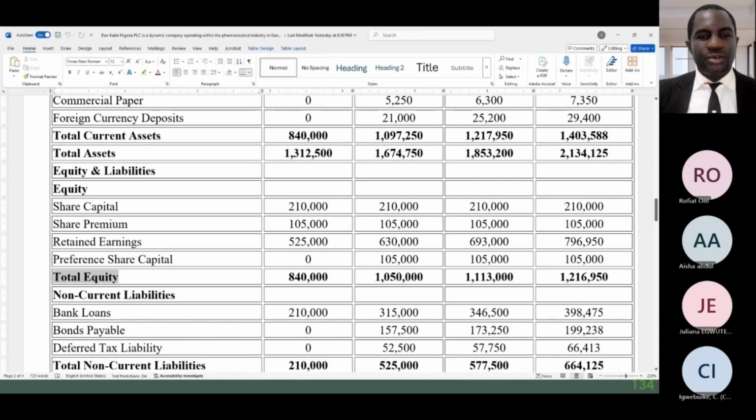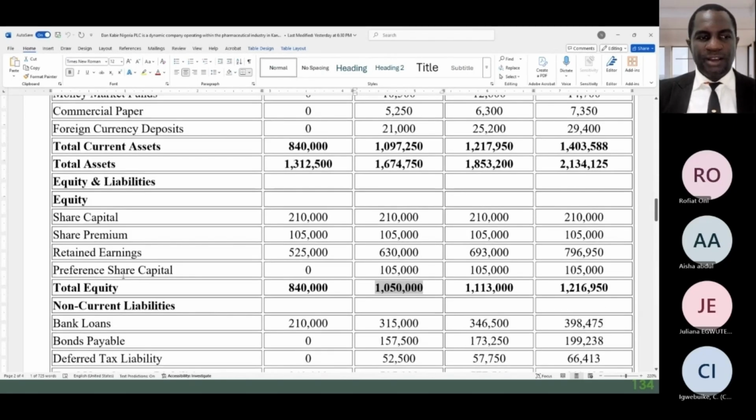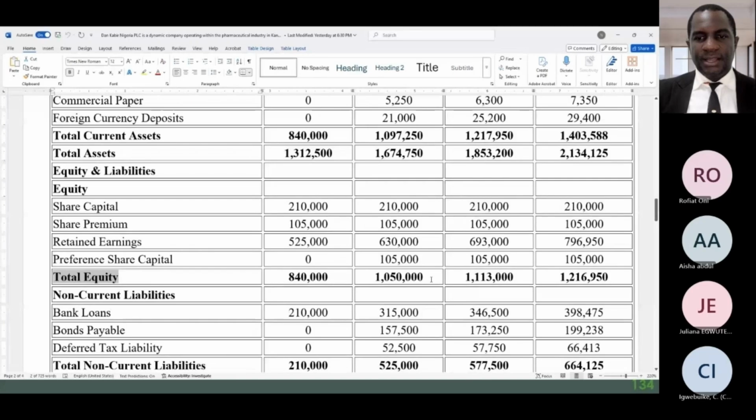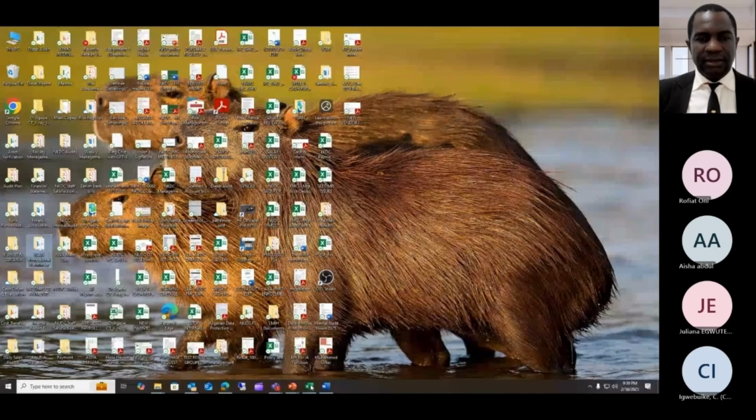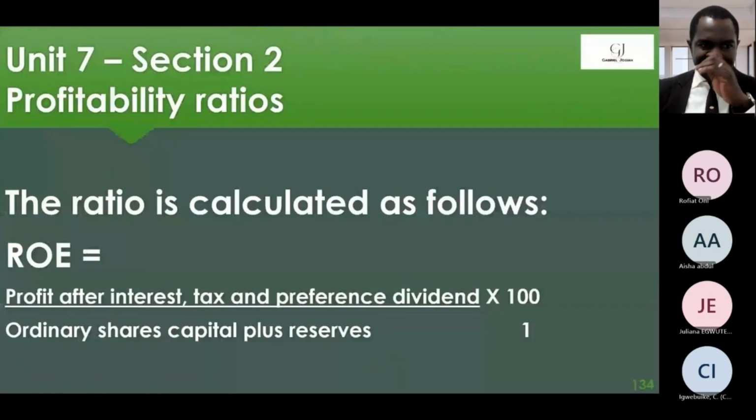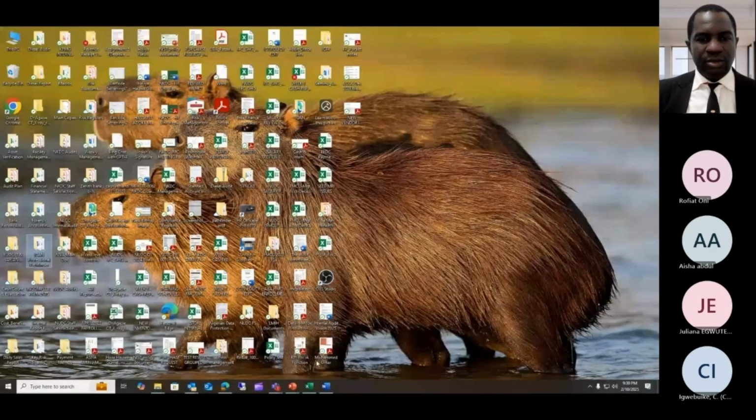So in calculating return on equity, you add preference share capital, because in our total we have total equity, and preference share capital is part of the equity, even though it's preference. So we are taking the total. But let's go to our first variant, which is profit. From the formula, we have profit after tax and preference dividend.